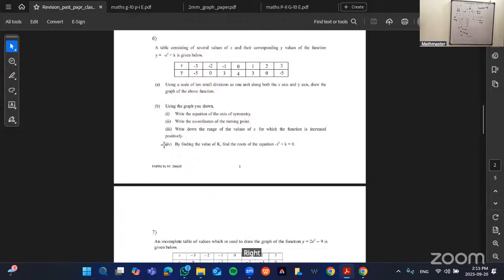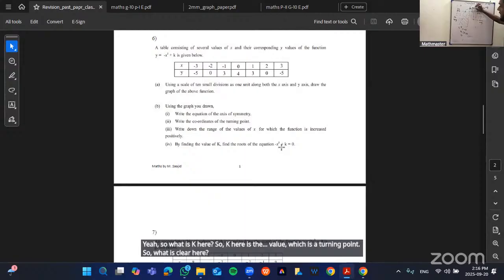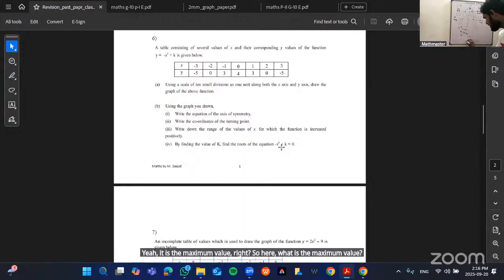Then part 4: by finding the value of k, find the roots of the equation -x² + k = 0. So what is k here? K here is the value of the turning point. Here it is the maximum value, right? So what is the maximum value here? The maximum value here is 4.